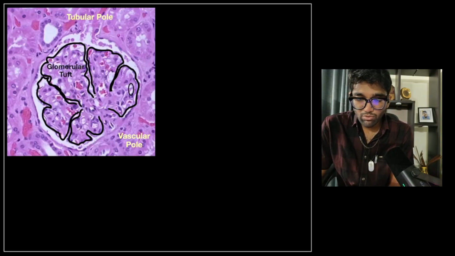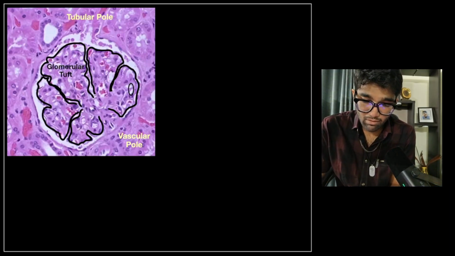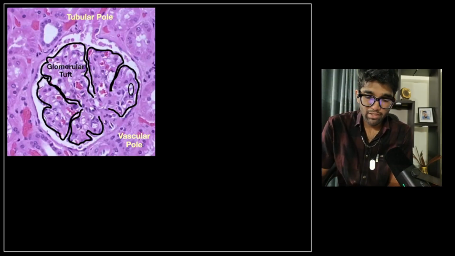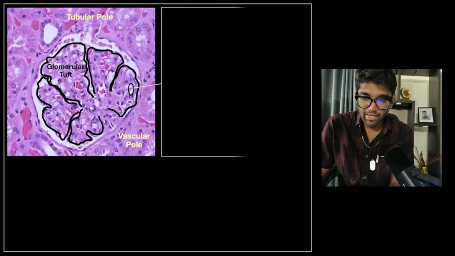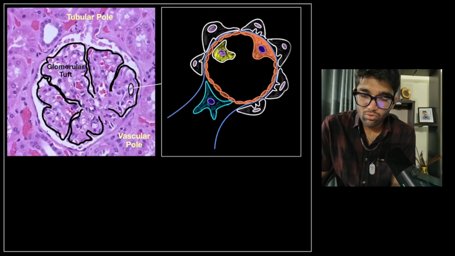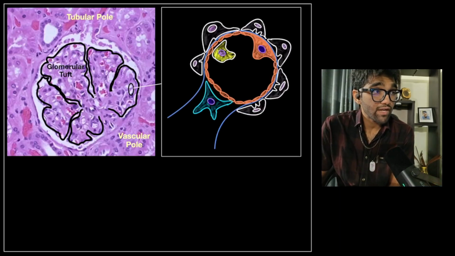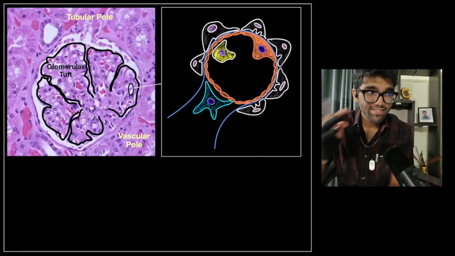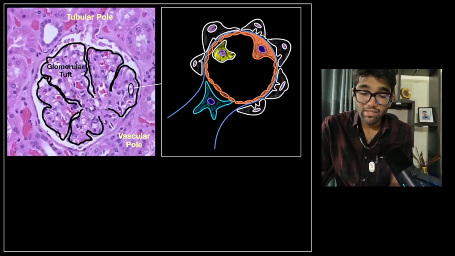Now what I'm going to do is take a cut section through one single capillary loop, enhance it in size, and try to demonstrate how glomerular changes affect it. But remember that we'll have to reverse engineer all of this in order to understand the histopath in the next discussion.